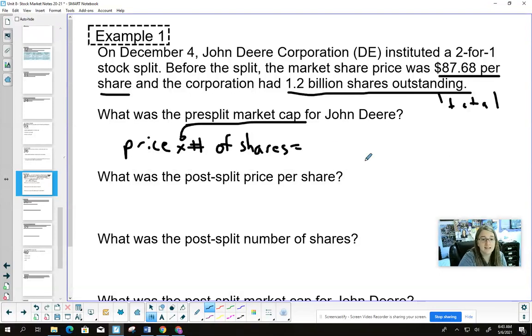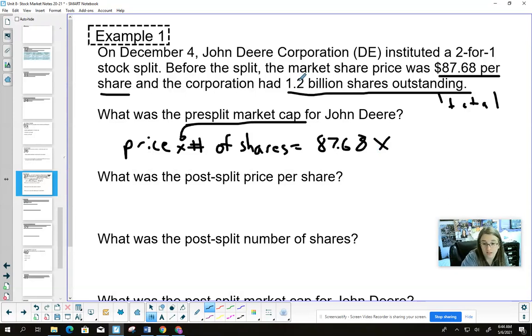So the price is $87.68. Now, 1.2 billion is a very large number. It has a lot of zeros. Here's what you're going to do. I worked it in where if you put all of these zeros, as long as you do it correctly, I'll give you the point in Canvas. But I'll also give you the point if you do this.